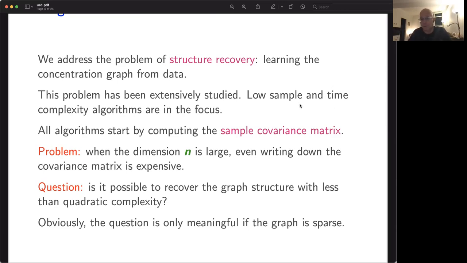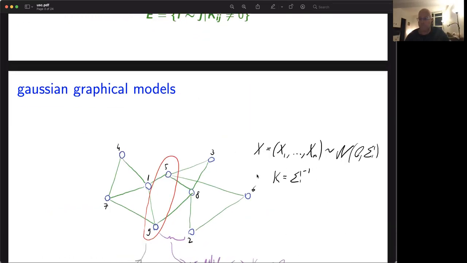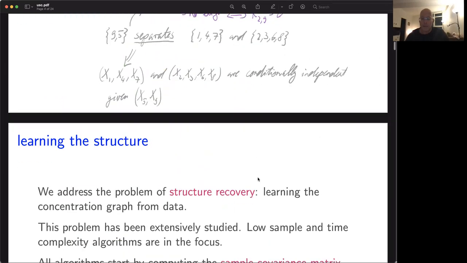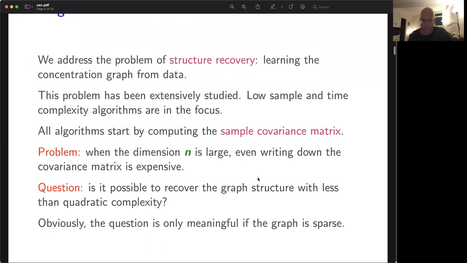So sample and time complexity are both important. So the typical setup is that we have independent observations of this Gaussian vector, and based on that we would like to estimate this underlying graph.